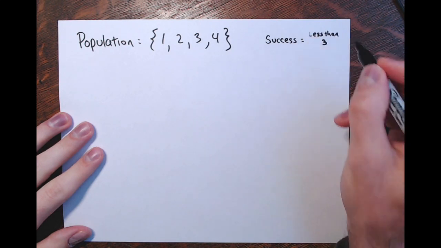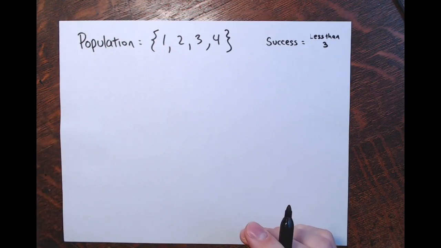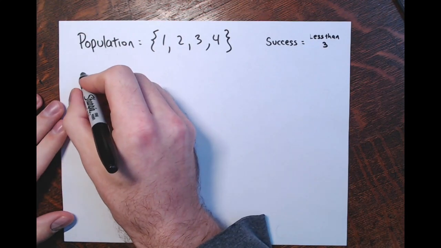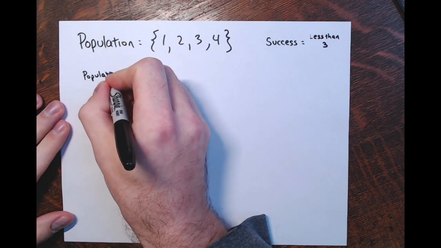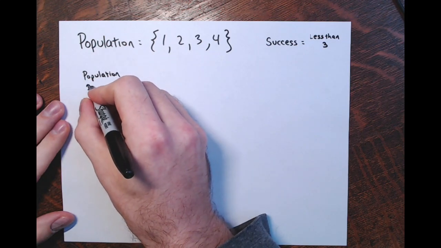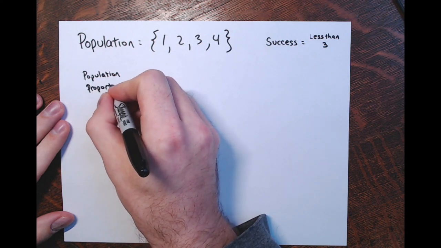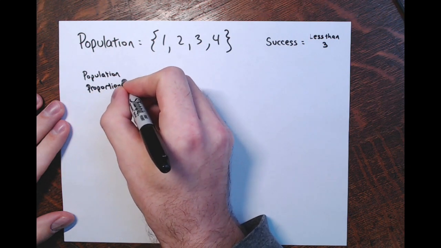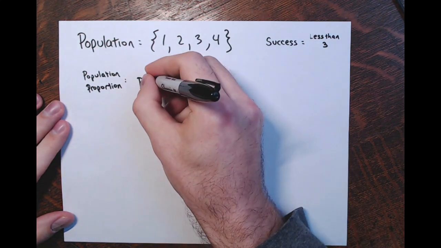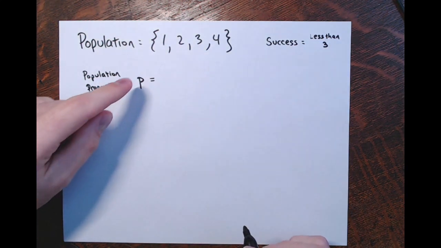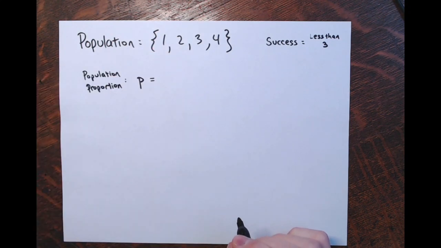Then the population proportion, which is denoted by lowercase p, is again the number of successes.